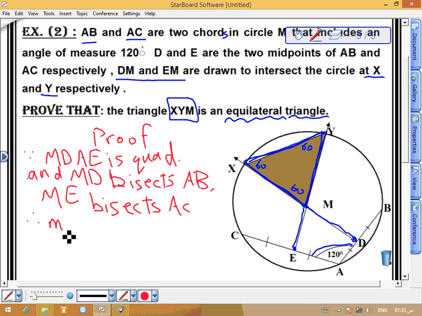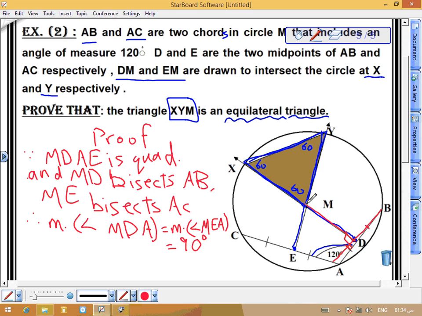Therefore, measure angle MDA equals measure angle MEA equals 90 degree, because any line that comes from the center of the circle and bisects a chord as AB will be perpendicular to it.